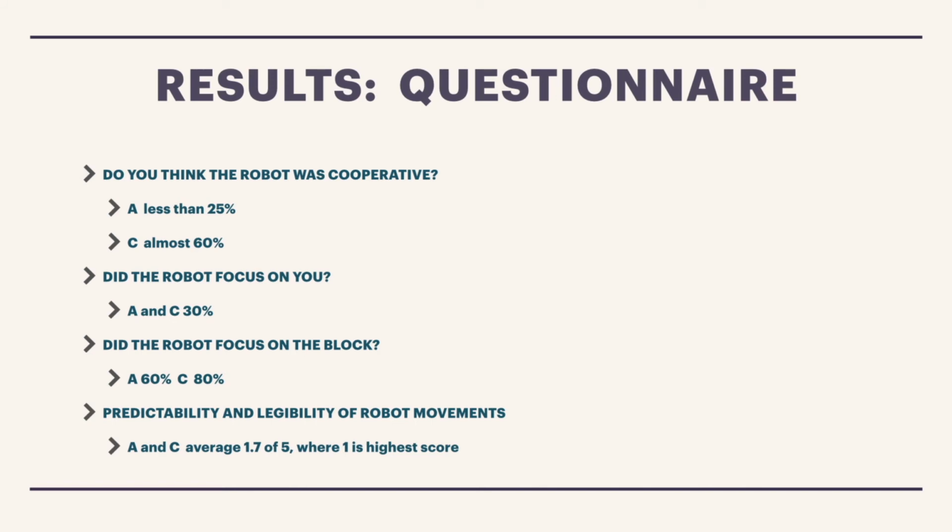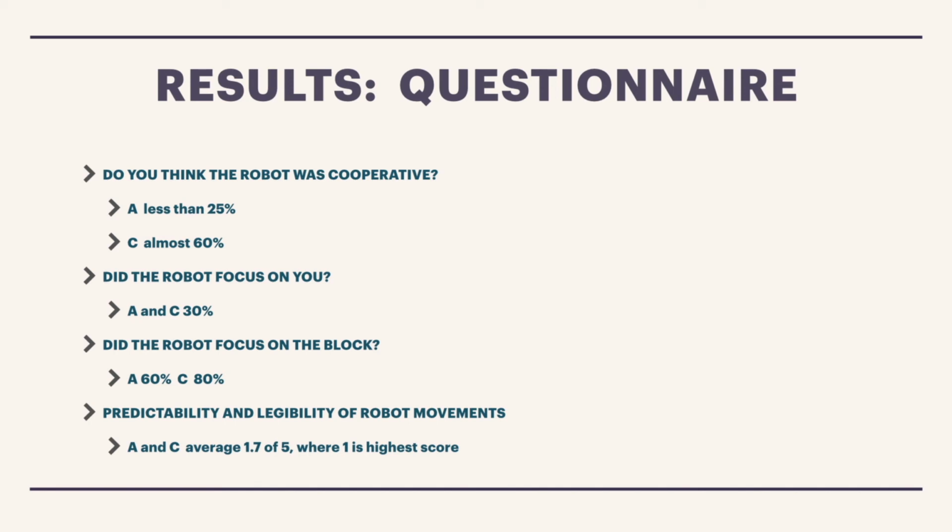Then we have the results from the questionnaire. An important question was, do you think the robot was cooperative? Condition A, less than 25% thought so. In condition C, about 60% thought so. And then, did the robot focus on you? In both conditions, about 30% of the participants said yes.